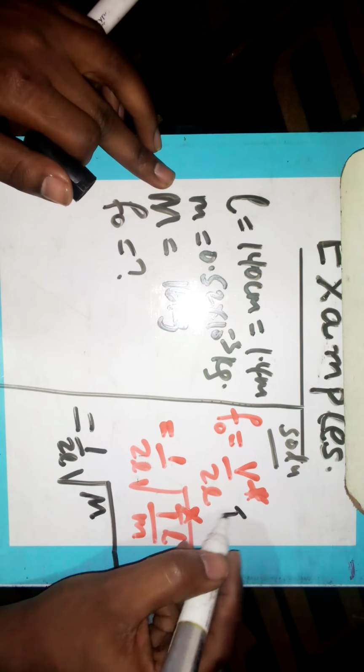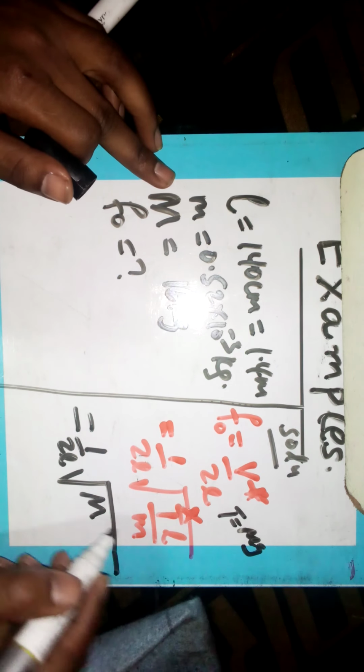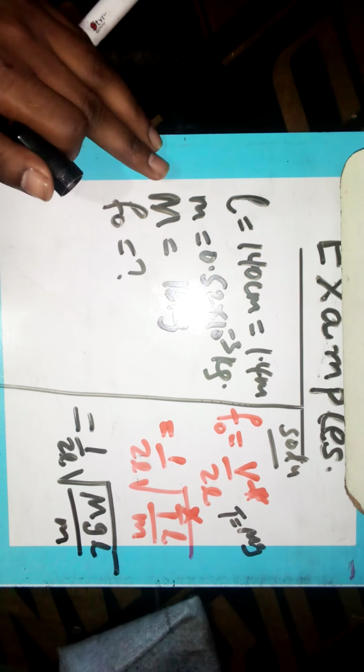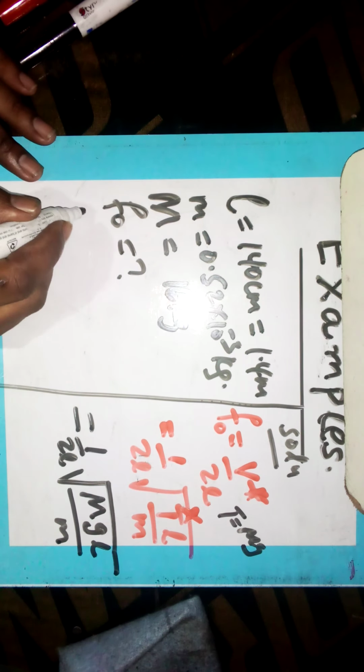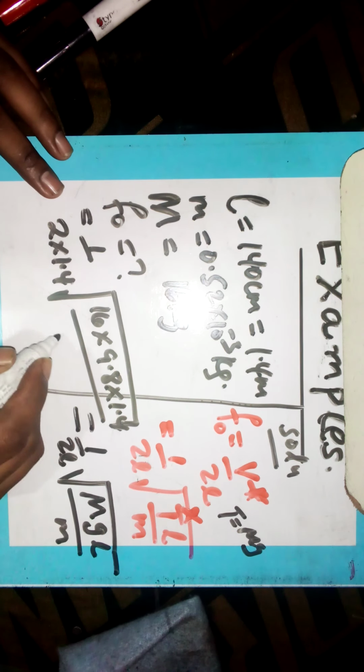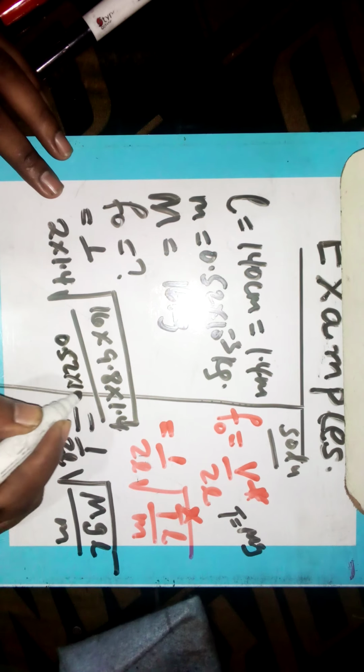Tension is M capital g, times L over M. Therefore, this is 1 over 2L, what is L? 1.4, under the root of M capital 16, g is 9.8, L is 1.4, divided by M small, which is 0.52 times 10 power negative 3.